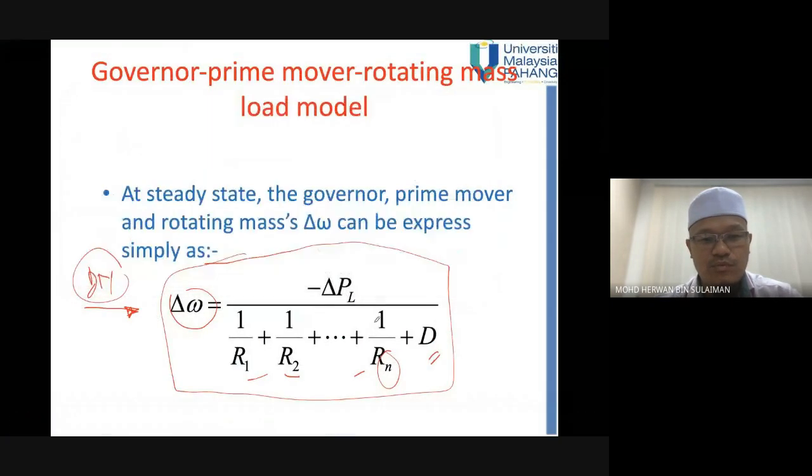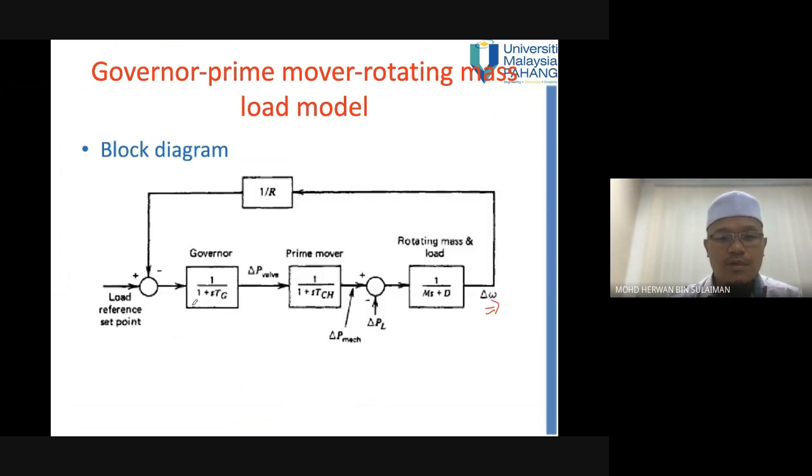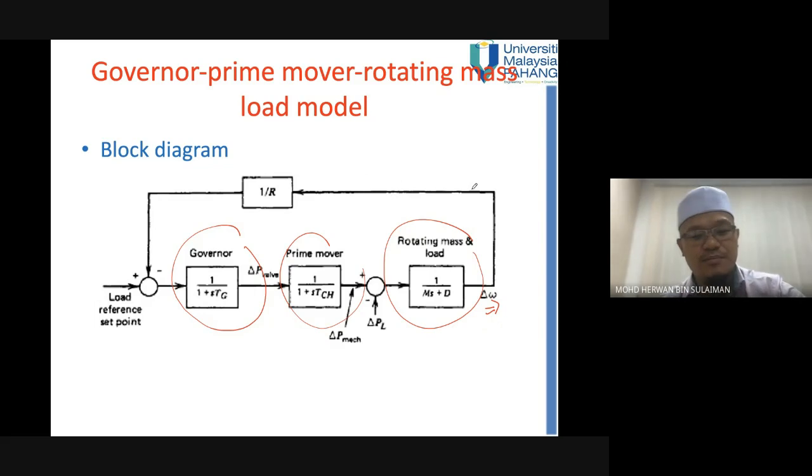What we learned today is that we model everything in terms of a block diagram, and we try to come up with a simple equation for delta omega, from the generator, governor, prime mover, rotating mass and load model. This is our model for, let's say, area 1, for a certain generator.